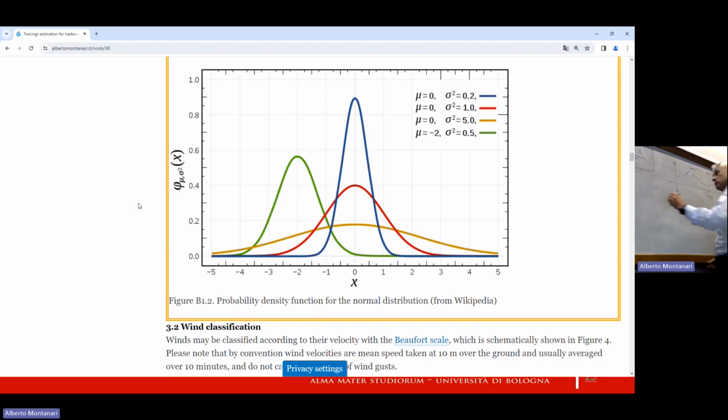So let's define the return period in a way that delivers the correct concept. It's the average time, average, this is the key, between what?